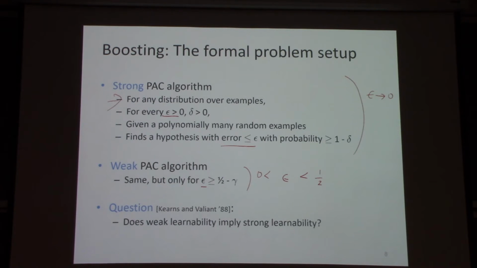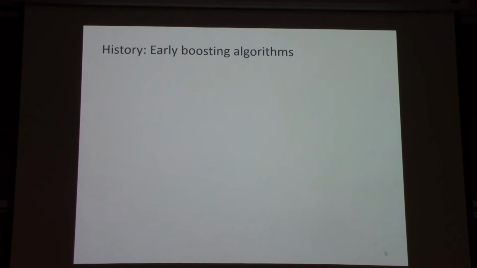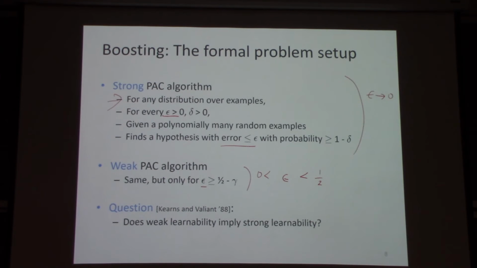There is no algorithm that can be arbitrarily accurate in the PAC sense. This question was raised in the paper of Kearns and Valiant and it was not answered. That set into motion a research agenda about boosting. Can you boost weak classifiers into a strong classifier?